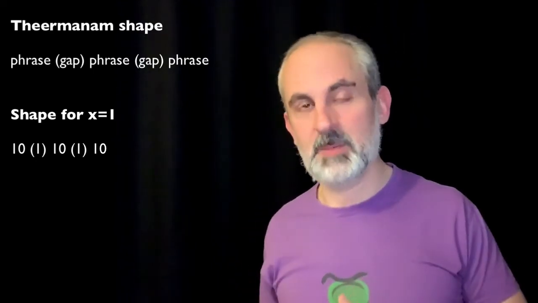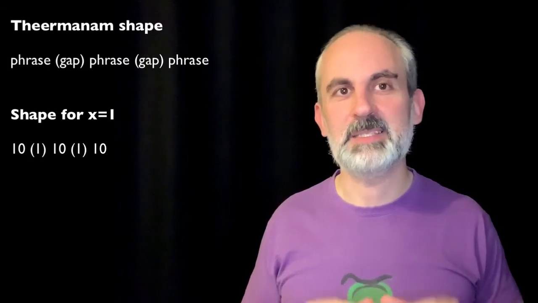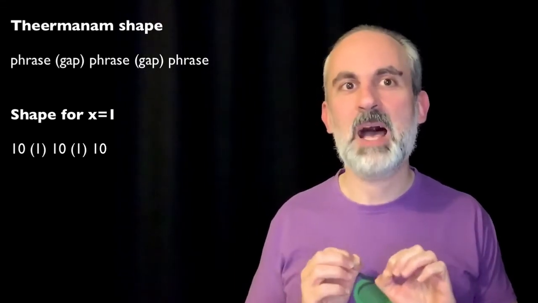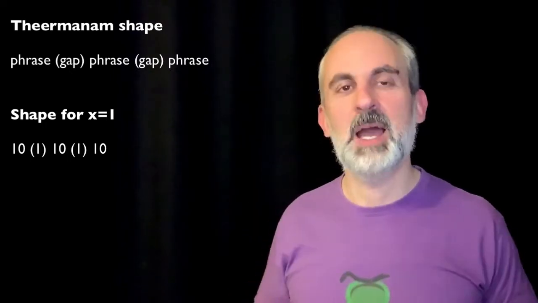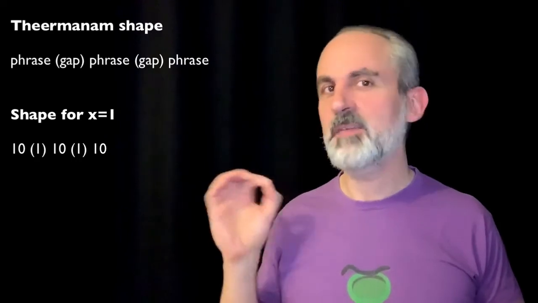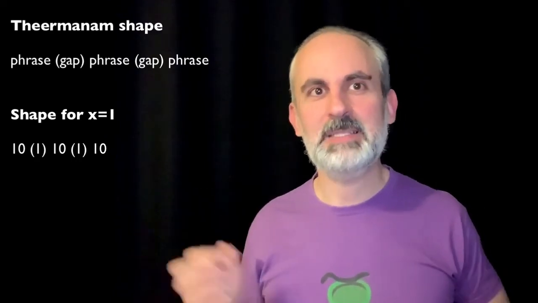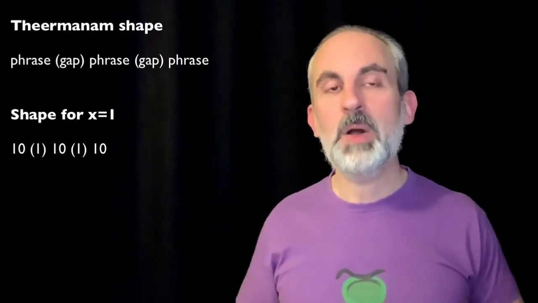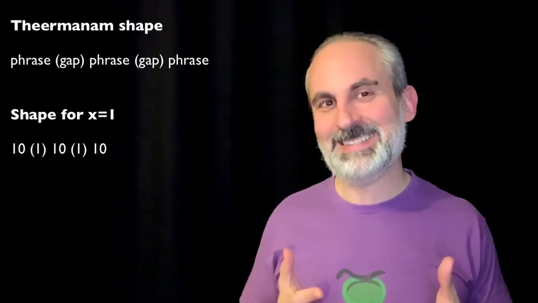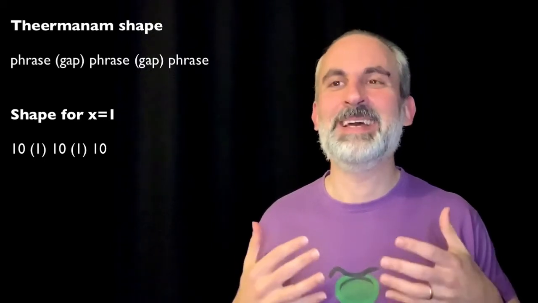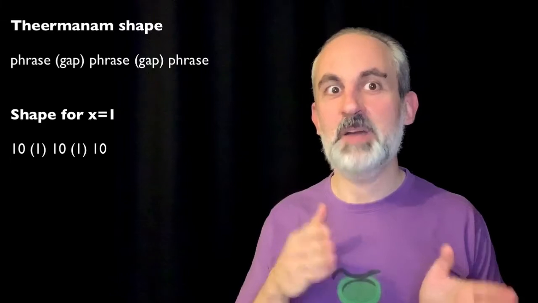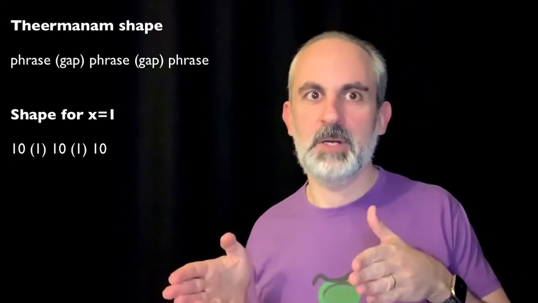And that brings me to the next interesting point, which is that Theermanams sometimes have 0 value gaps. And we've seen many examples of that, remember all those 555s or 999s that we had in many compositions. Well, that is a Theermanam, and I call them Theermanams. But, to be perfectly honest with you, the proper way of writing those would have been 5, 0 gap, 5, 0 gap, 5.